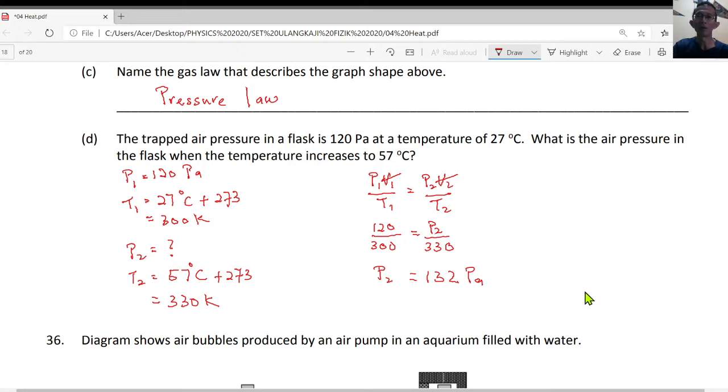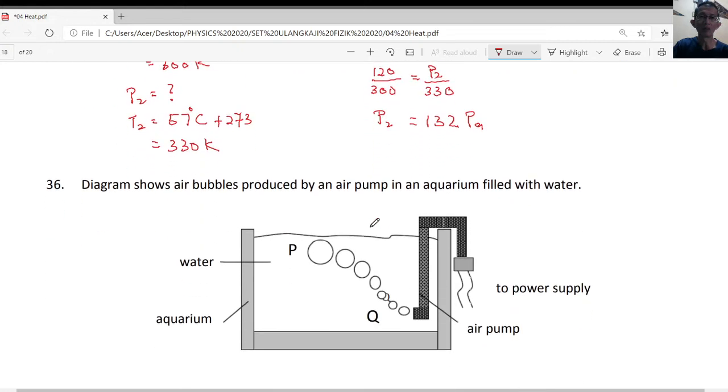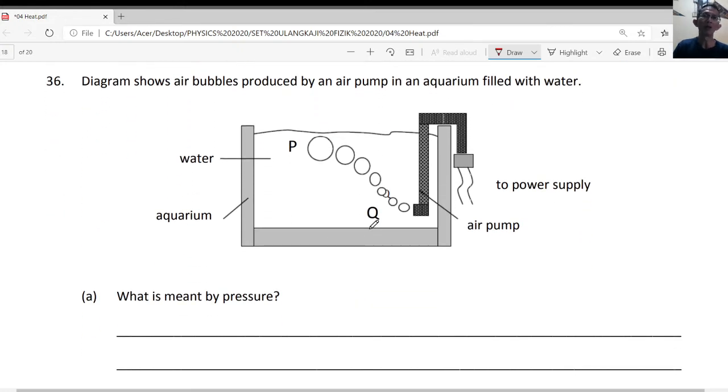Okay, so let us move to question 36 now. I have air bubbles produced by a pump in an aquarium, from Q to P. At a deeper depth, my bubbles are smaller. As they go up to the surface, my air bubbles become bigger.